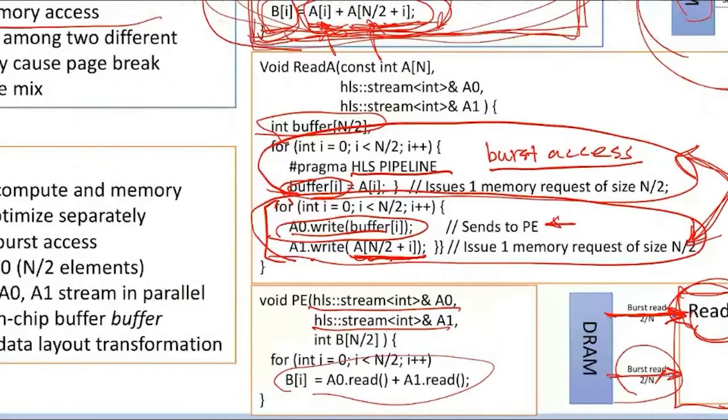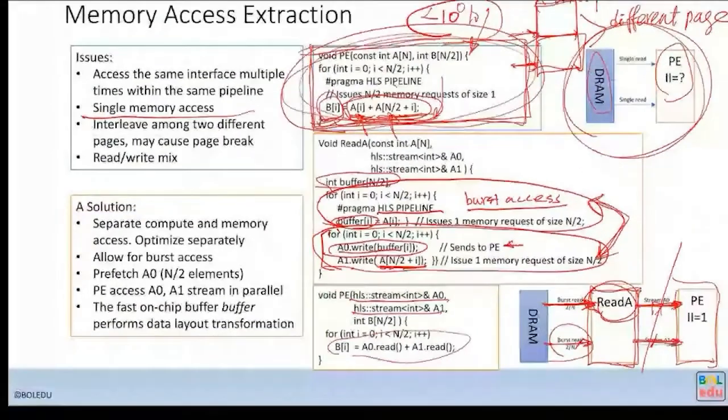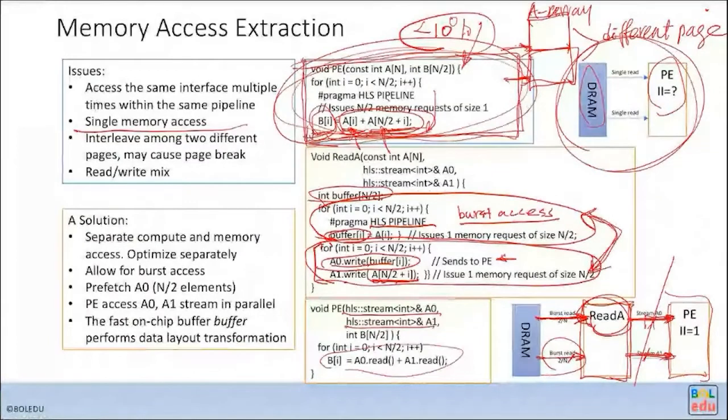Yeah. So in here, this example demonstrates two things. One is you separate the memory access from the computation, and secondly, for this part, you can apply all the memory access optimization schemes. For example, in here, you can do the burst access, okay?